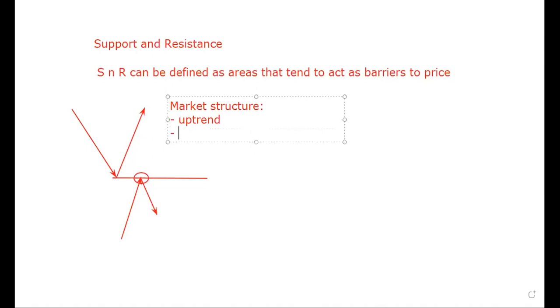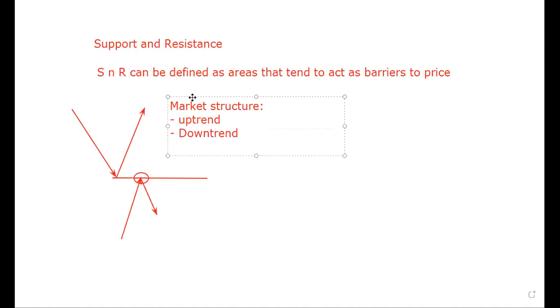The second one is what we call a downtrend or a downward trend. When we are in a downward trend, it means that the market is doing more of a sell. So the sellers are in control of the market.